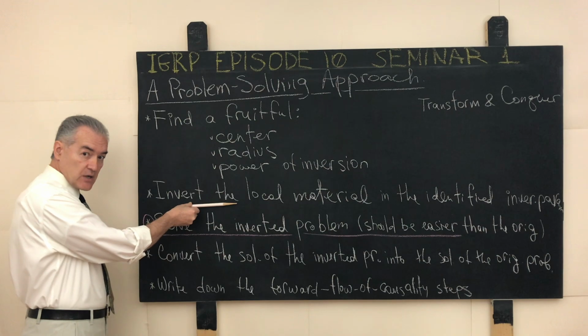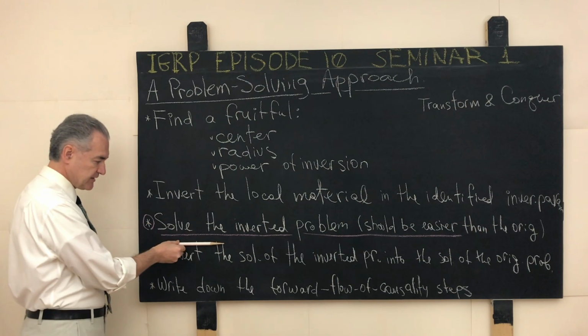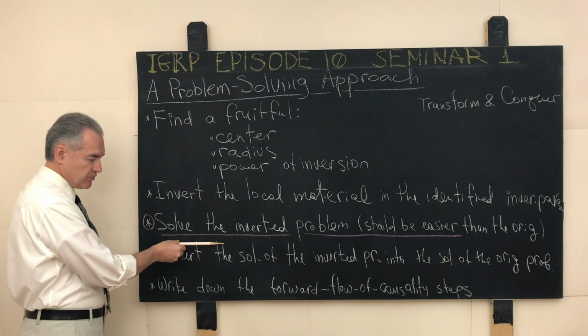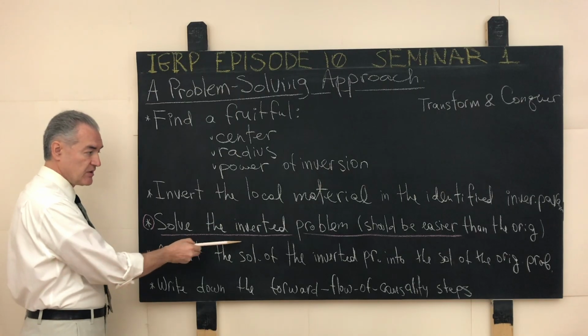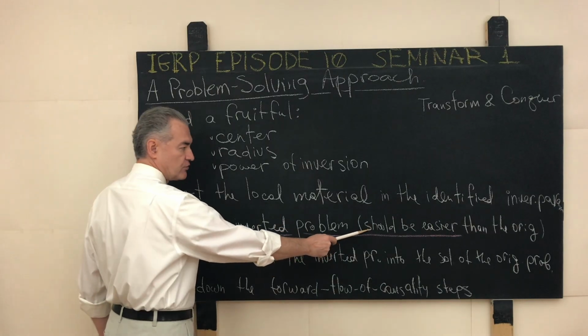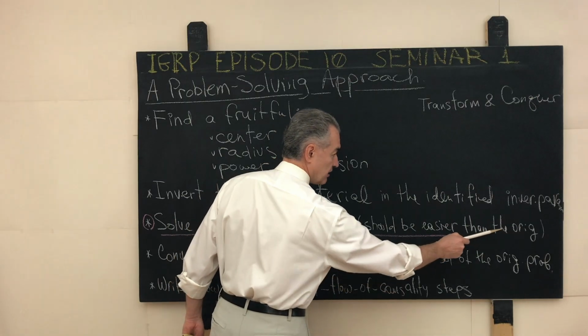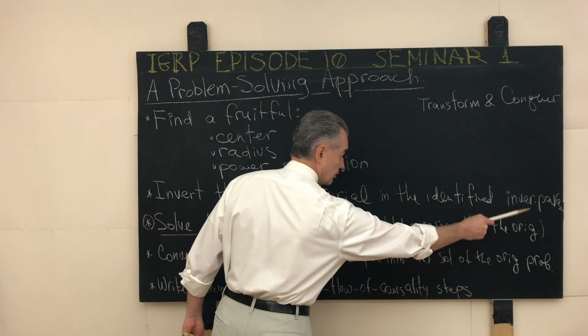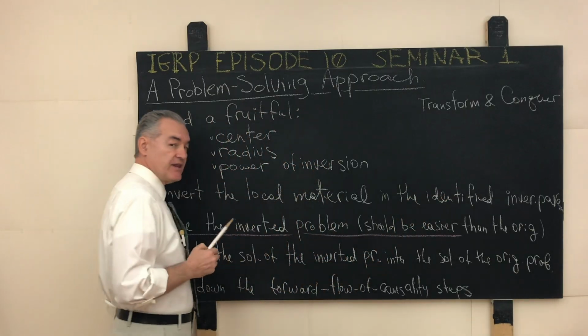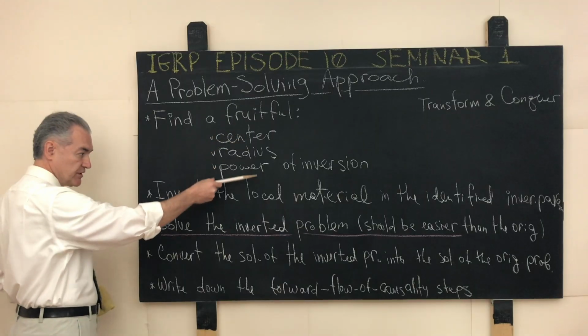Once the relevant objects are inverted, then we move on to the next step, and that step involves solving the inverted problem. And the idea here is that the inverted problem should be easier in some sense than the original problem. And that is the whole point of going through this template.